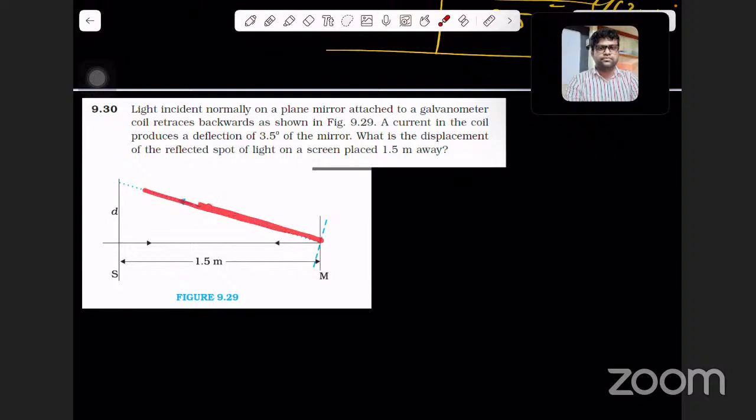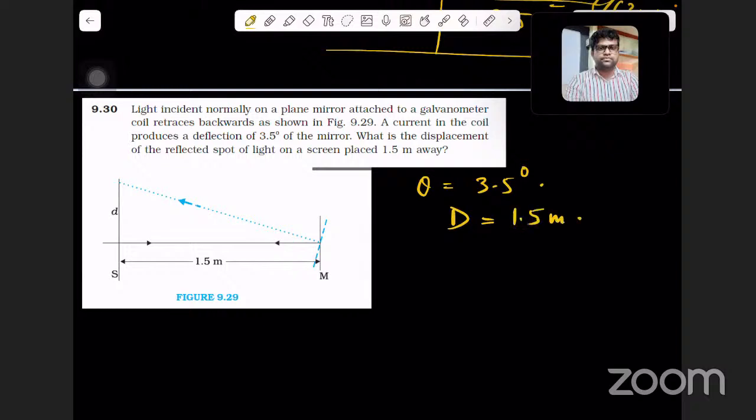This angle is 3.5 degrees, and this distance is given as 1.5 meters.